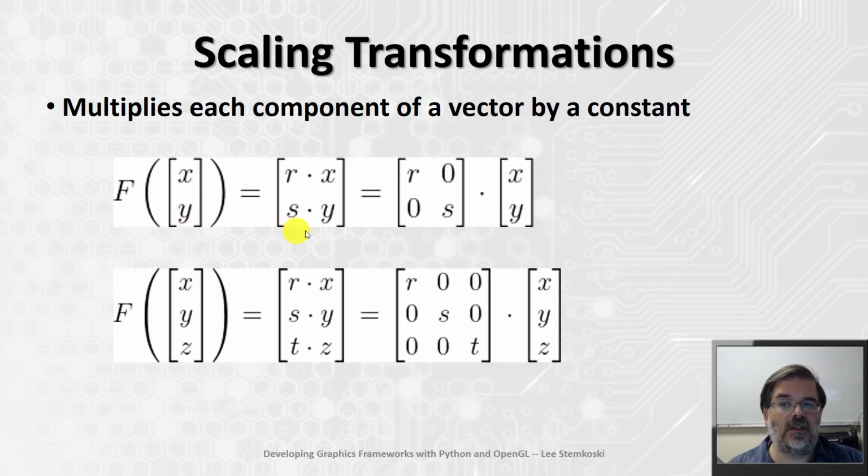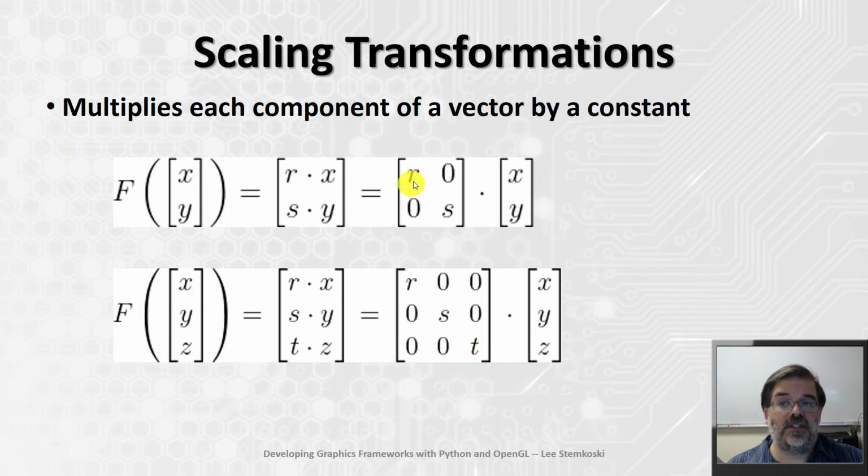And we can pretty quickly deduce that this can be represented with multiplication by this matrix, r 0, 0 s, times x y. Similarly, if we want to do a three-dimensional scaling, let's say we also want to multiply the z component by t, that can be accomplished with this matrix multiplication. It's mostly zeros, but on the diagonal we have r and s and t.